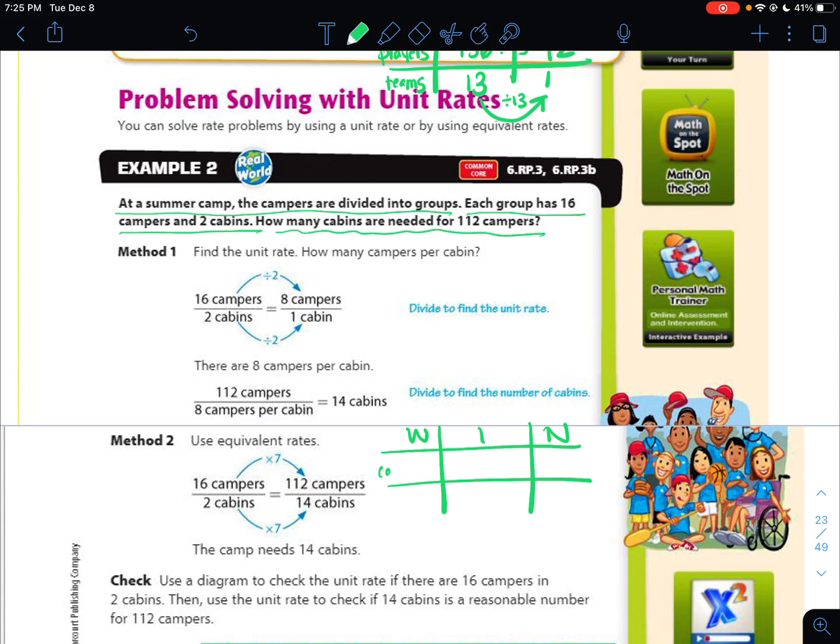My 2 words are campers and cabins. So what do we know about the campers and cabins? The information that we know: there are 16 campers for 2 cabins. And they want to know how many cabins are needed for 112 campers.